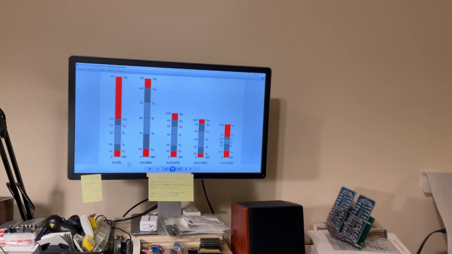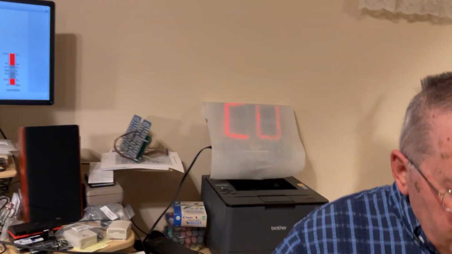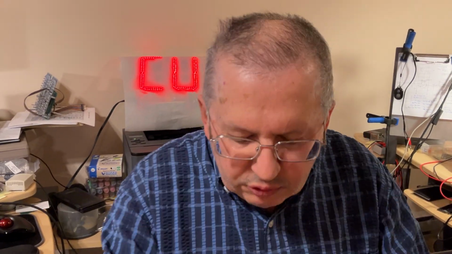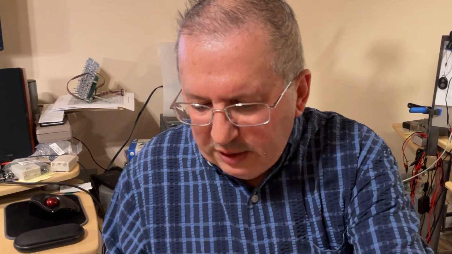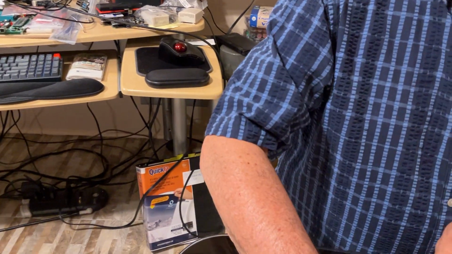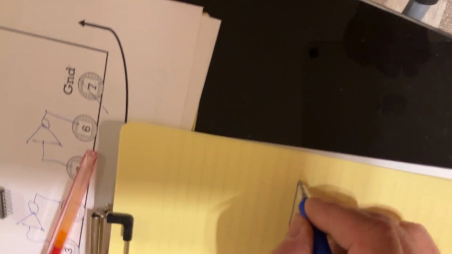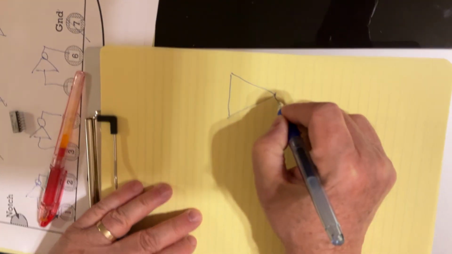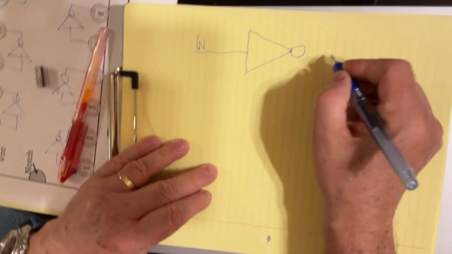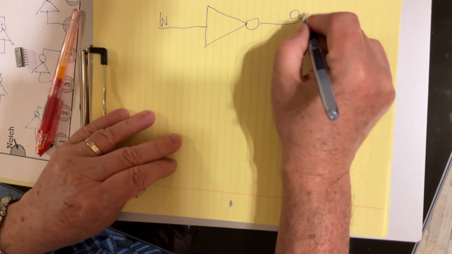So in order to understand these kinds of measurements, I'm going to put all the others aside, and we're going to draw something here, okay? Let's suppose we have our inverter. So we pick up here an inverter, the input being here, and the output being here.